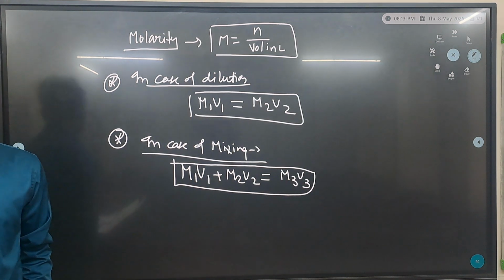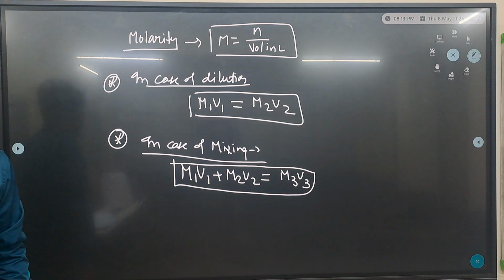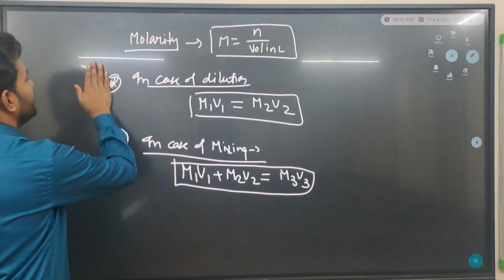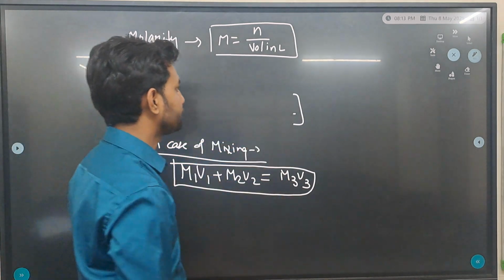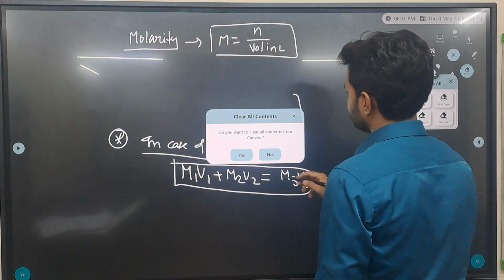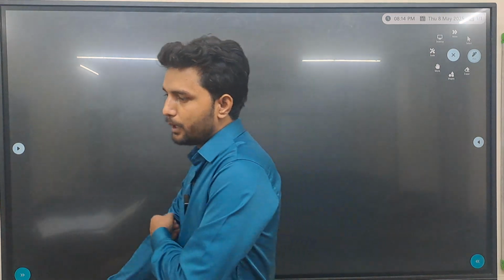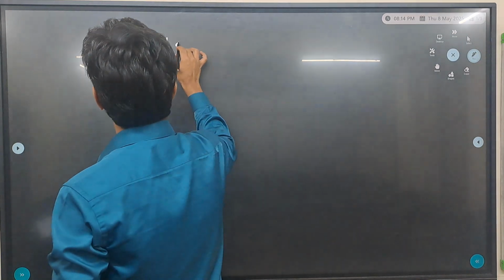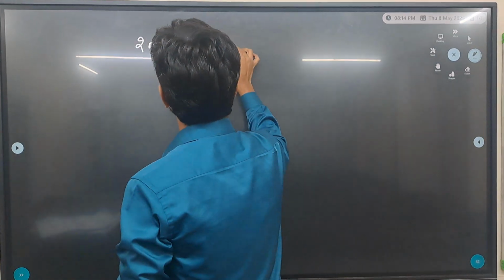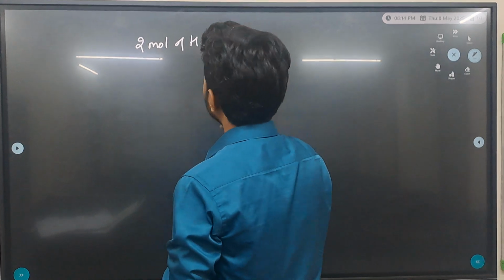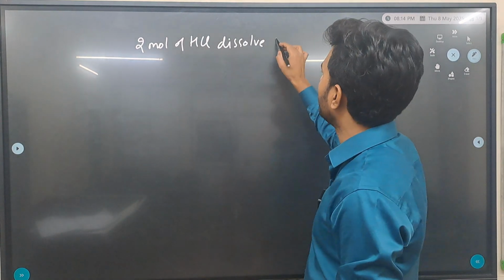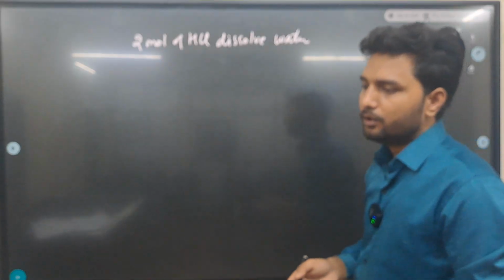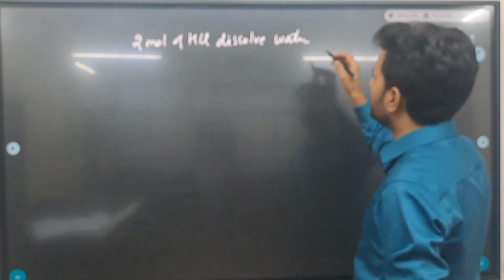Okay, so a question based on molarity. The question is: 2 moles of HCl dissolved in water to make 4 liter solution.